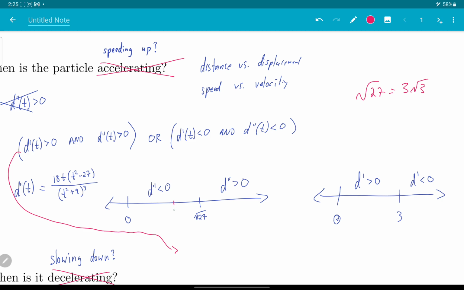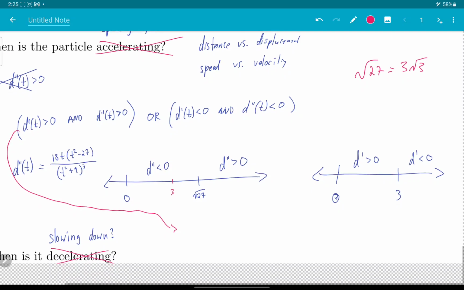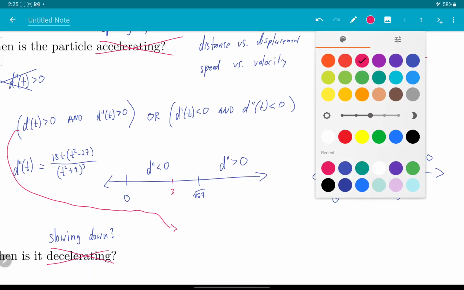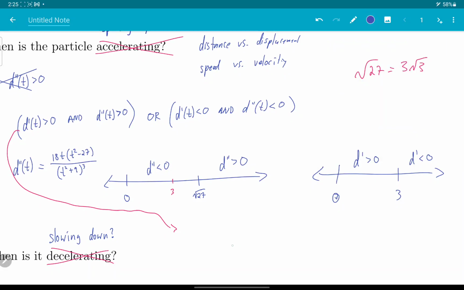So I would put 3 here. So I could combine these two number lines into a single number line to answer my question.